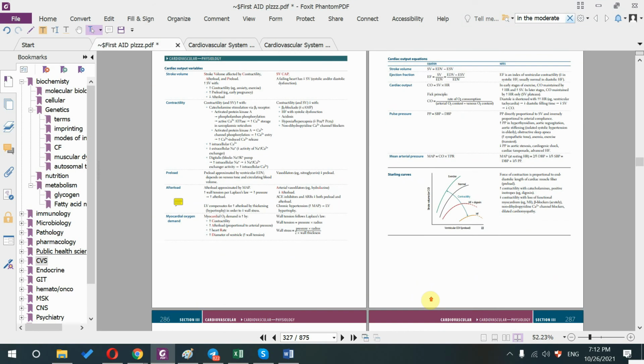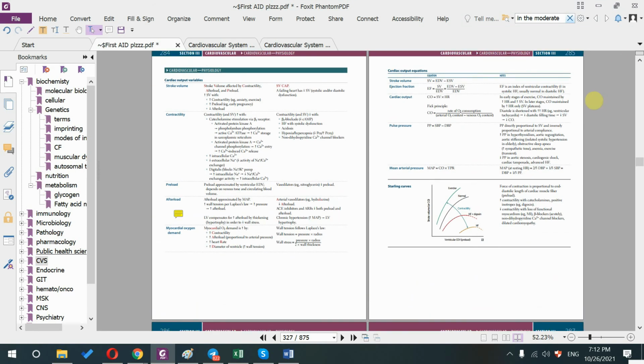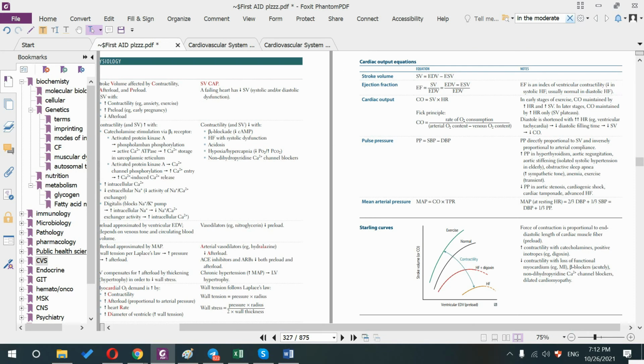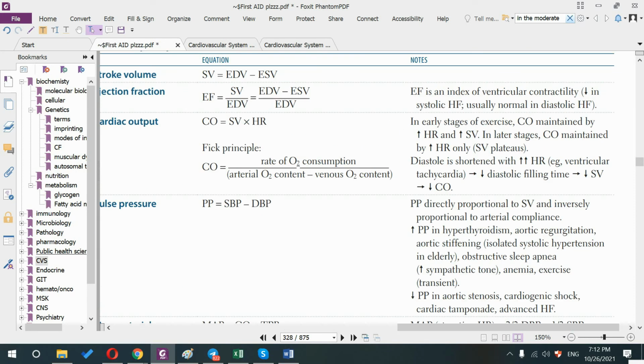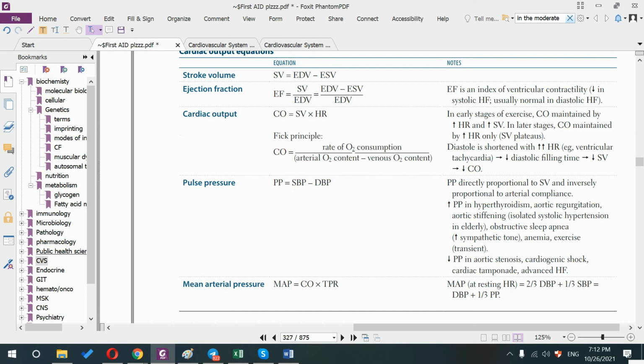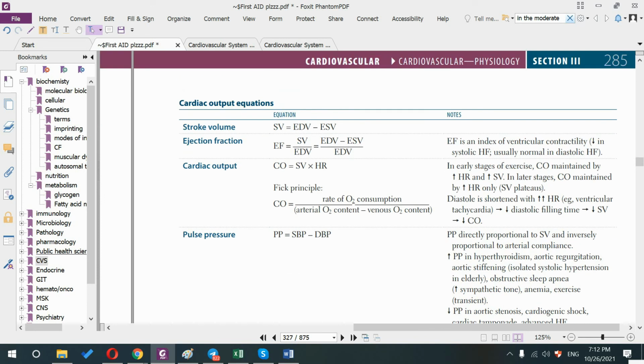Okay, so the next page is all about calculations. First of all, we have something called the stroke volume. When you go to check someone's blood pressure, you put the blood pressure cuff on, you check, and you see that his blood pressure is 120/80. I want you to know a couple of things before we read the page.